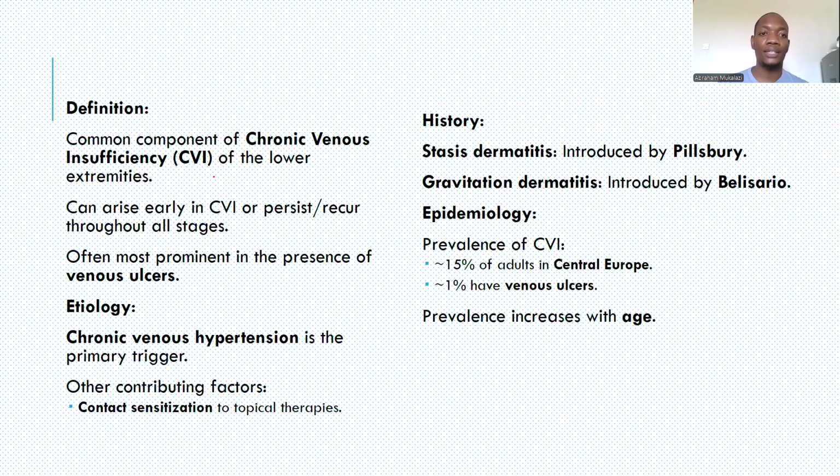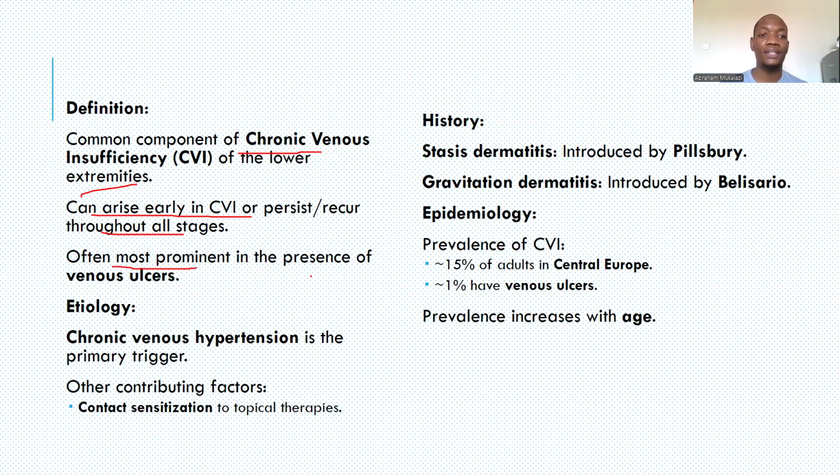When we look at stasis dermatitis, it's a common component of chronic venous insufficiency of the lower extremities. It can arise early in the chronic venous insufficiency, and it can also persist or even recur throughout all the phases of this venous obstruction condition.